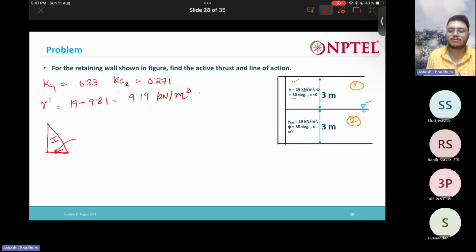What is the active earth pressure at this level? Very simple. Gamma is 16, times height 3 meters, times Ka1, isn't it?